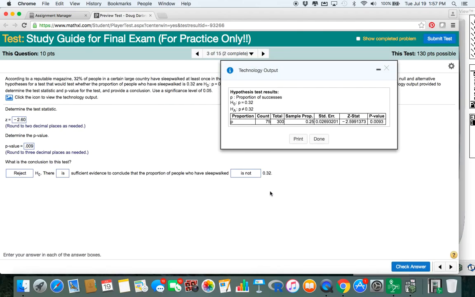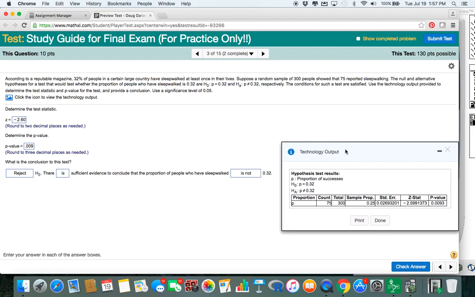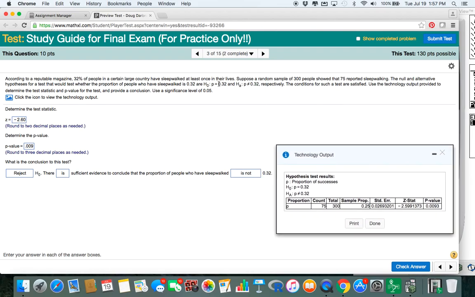Input is correct. Now, gang, we can use a little bit of statistical common sense here, if you will. We can not only conclude that sleepwalking is not 0.32, because from the test of hypothesis, if we reject the null, we're left with the alternative, which says p is not 0.32. But we can see that our sample proportion from the output is 0.25.